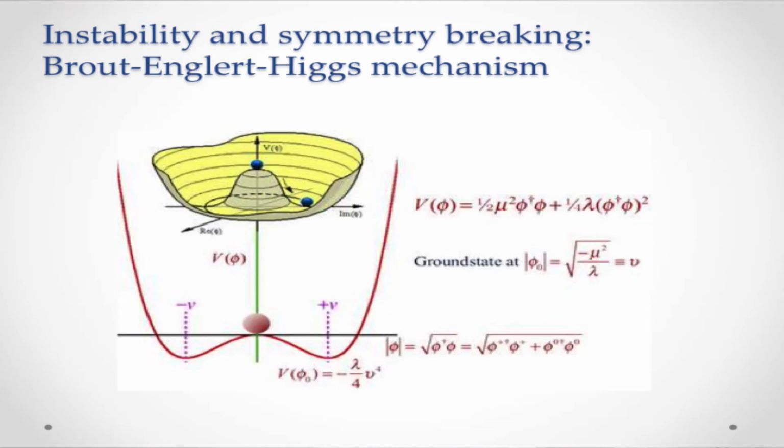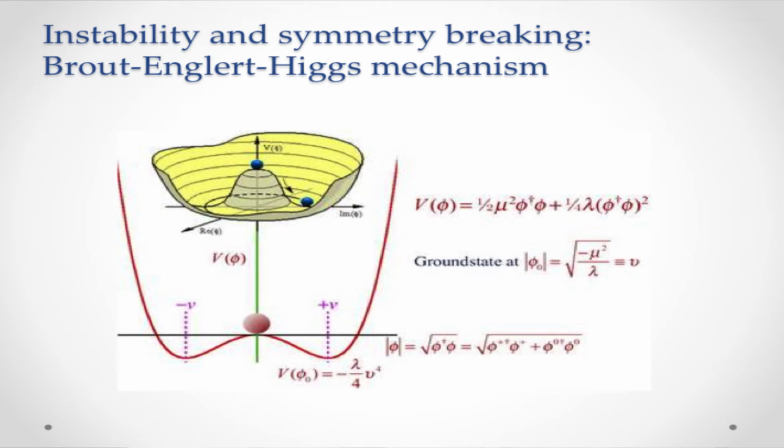You see at the top here, it's often called the Mexican hat because it looks a bit like a sombrero. And the equilibrium point in the middle represents a high degree of symmetry. But then, according to Goldstone's theorem, there wouldn't be any mass in these interactions that we're interested in modeling.